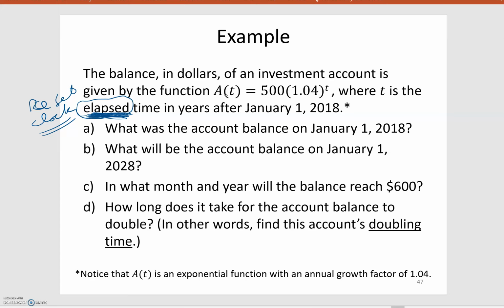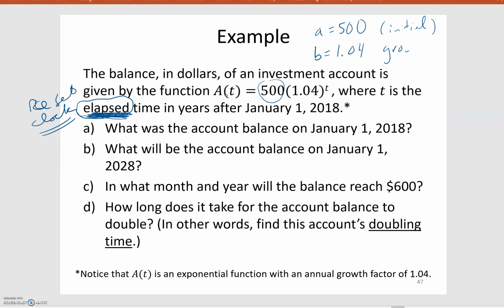Okay. So before I even get into these specific questions, I always like to take a moment to look at my function and identify the parts. So for this one, 500 is my a value, my initial value. And b is 1.04.